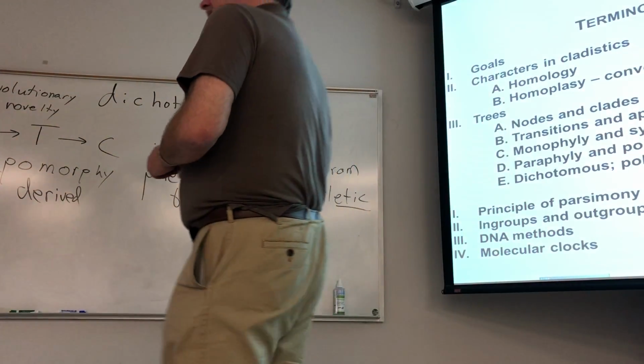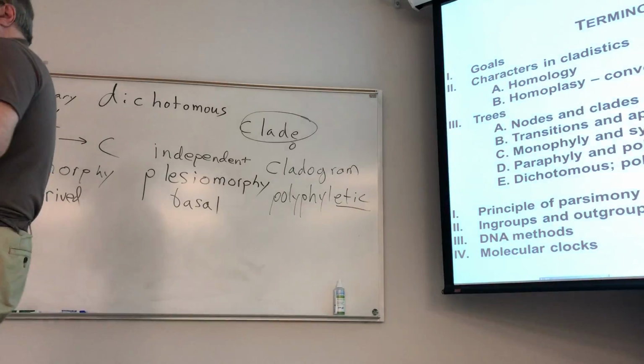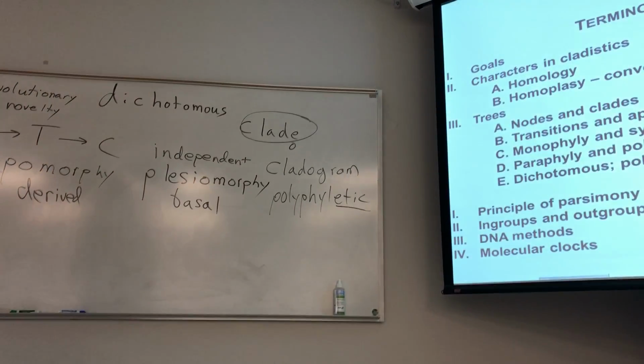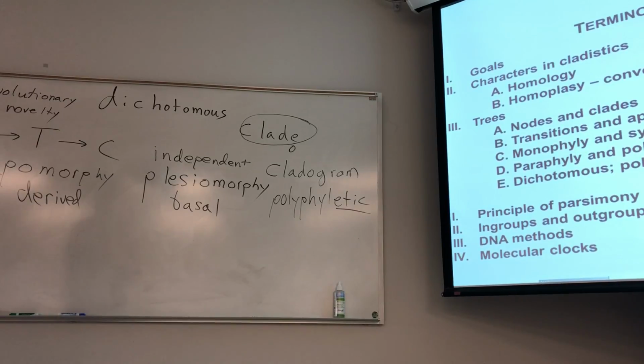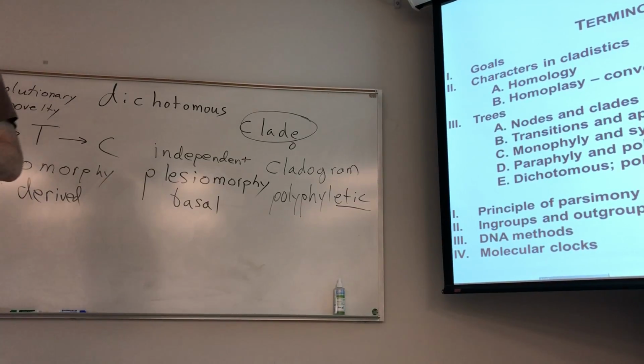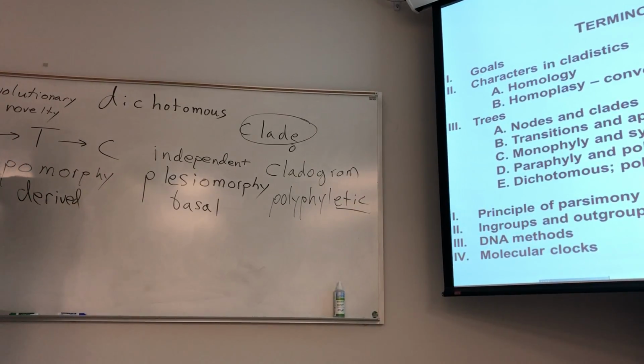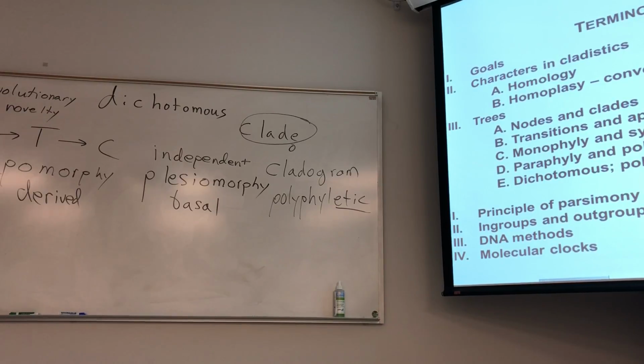In the original classifications that people like Linnaeus made, since they weren't based on any concept of evolution, they just grouped things based on similarity. But of course, since we have evolutionary biology, the goal of cladistics is to try to make the taxon monophyletic. So monophyly or a monophyletic taxon is the goal.